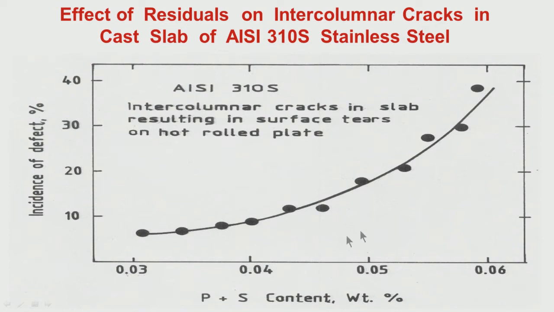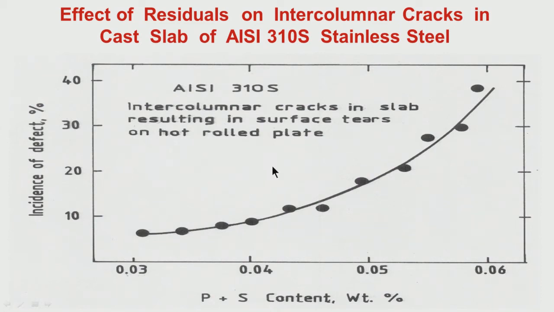So, you see, when the phosphorus and sulfur content is relatively more, so 0.6, the incidence of such defect is very high, say about 35%, 40%. And if you can bring this phosphorus or sulfur to as low as 0.3, you see the incidence has come down to less than 10%.